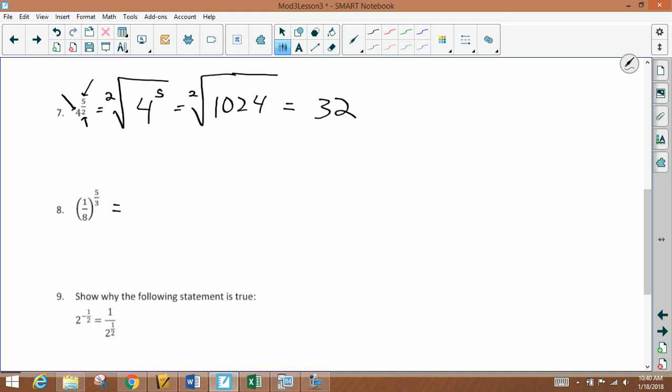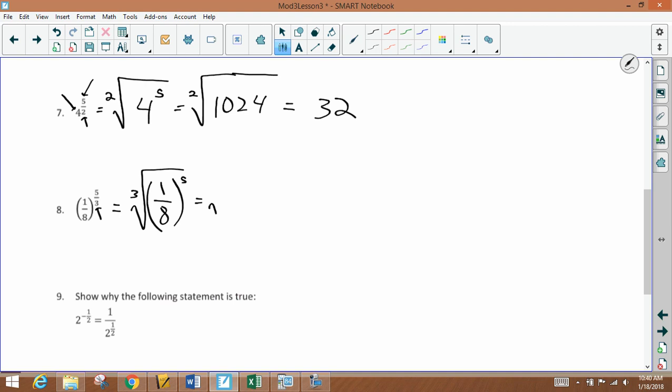So this is going to be the cube root of 1/8 to the 5th power. Oh, brother, I have a feeling we can simplify this a lot. Okay.